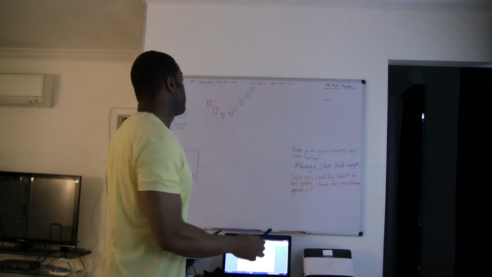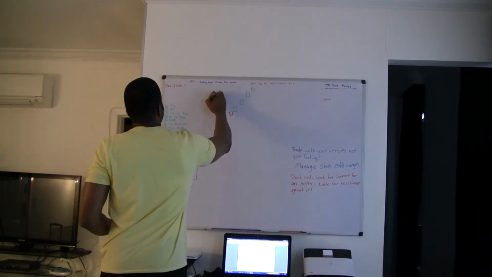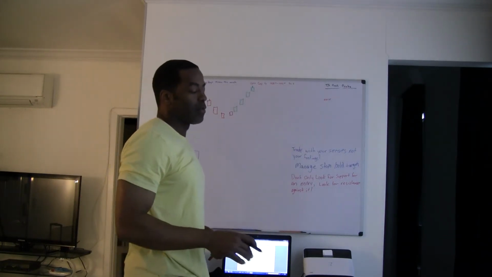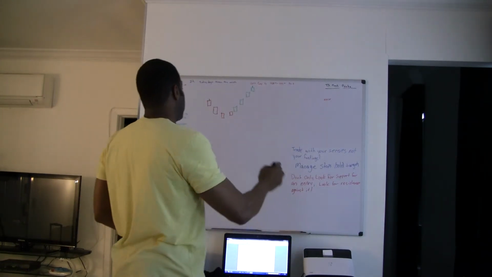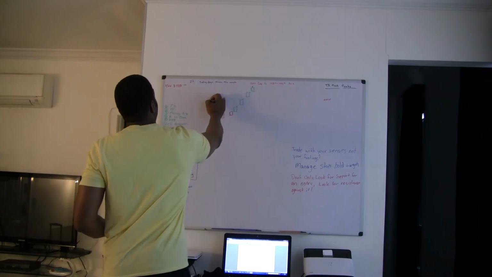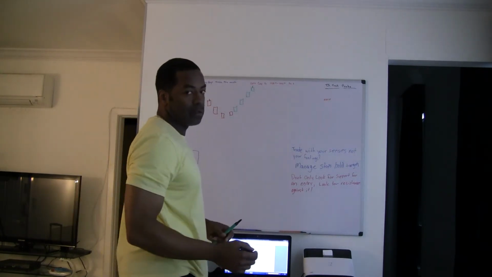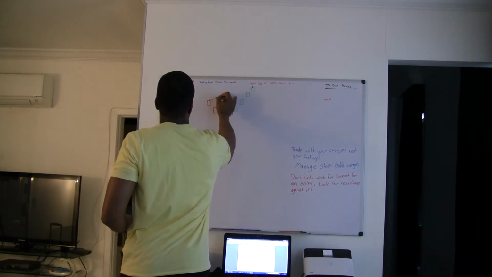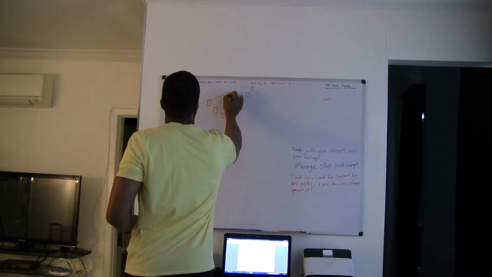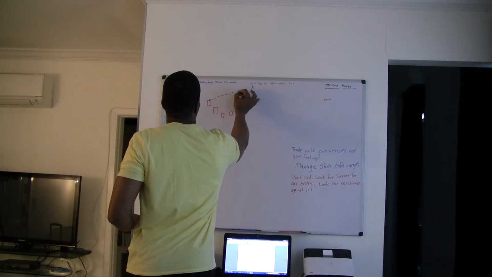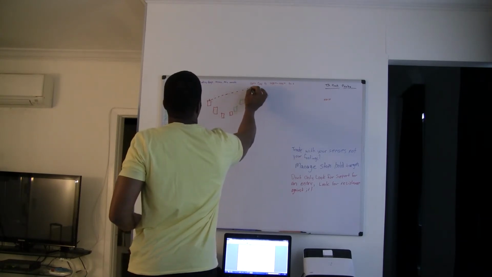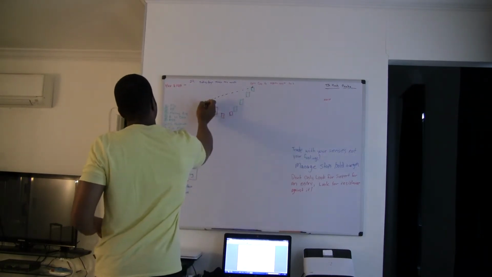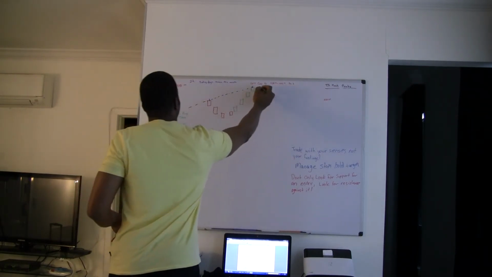Basically, some people take it from the top of the wick. I don't like to take it from the top of the wick. I'm going to take a line from the base of this point, and basically I'm going to draw it to this point. Now, this trend line is pretty much infinity.